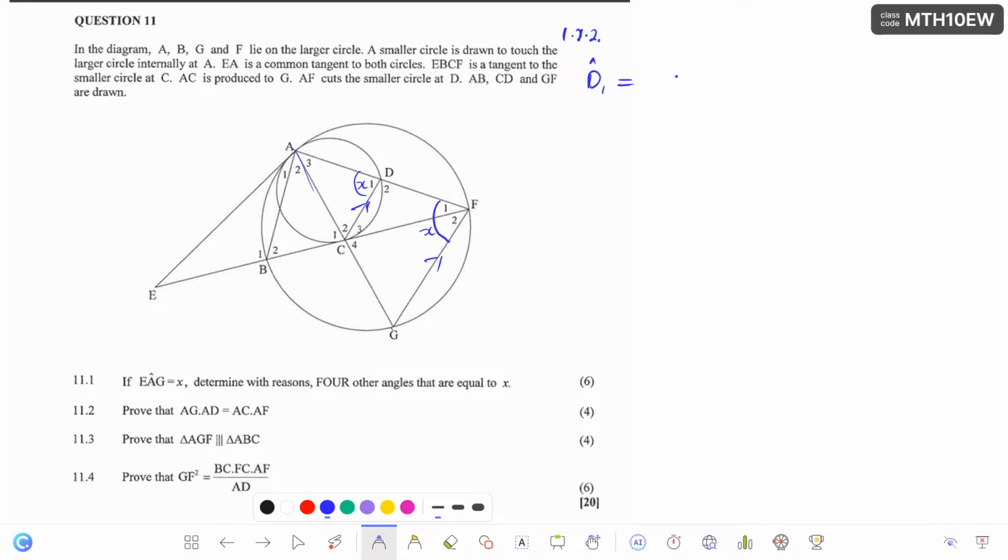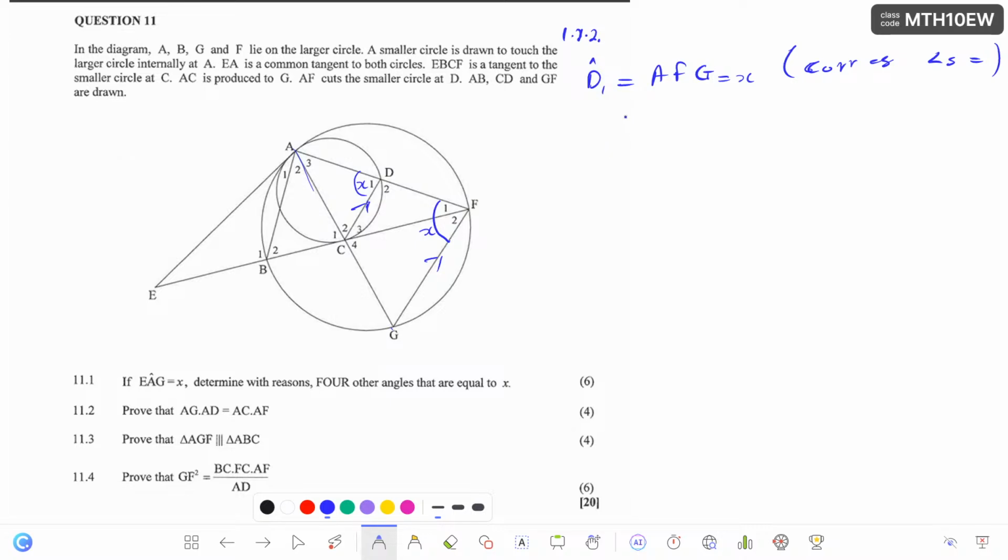So D1 is equal to AFG, which is equal to x. The reason for this is corresponding angles, or we proved this in 1.1.1, or you can just write corresponding angles are equal.